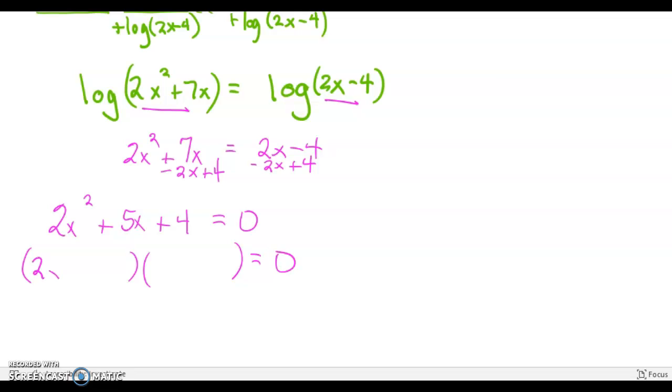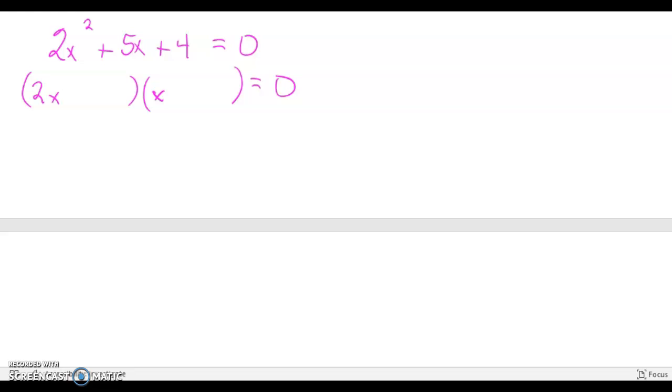And we have 2x times x. Two numbers that multiply together to give me a positive 4. Sadly, we would find that this does not factor. So our only option would be to use the quadratic formula. So that's okay.